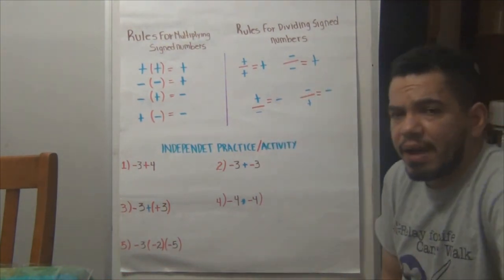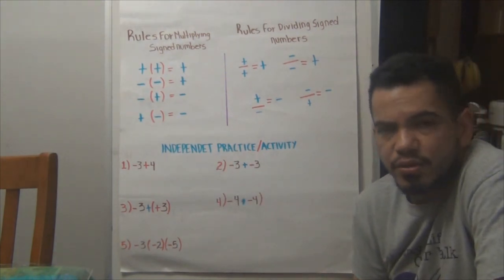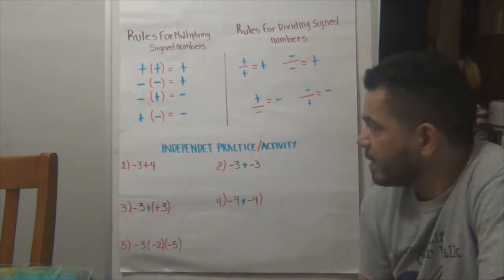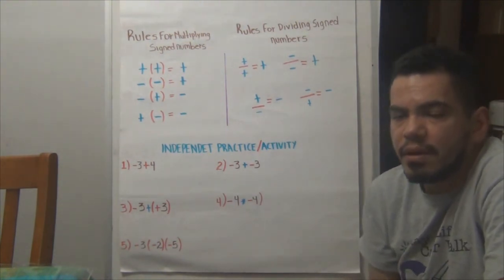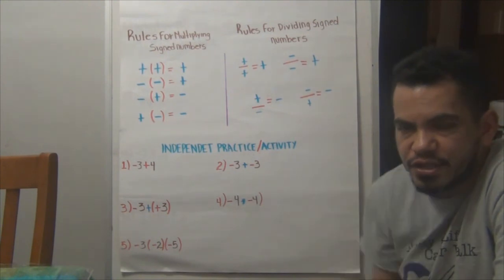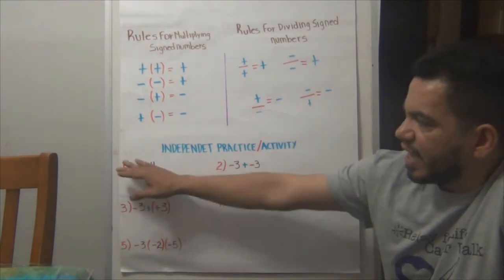Now, if we talk about vocabulary in here, what will be some of the terms that you might want to write down? Negative, positive, signed numbers, multiplication, division, addition, subtraction. So negative 3 plus 4.